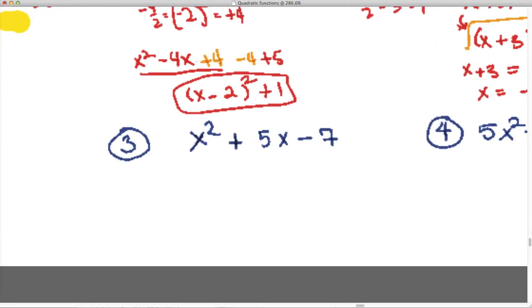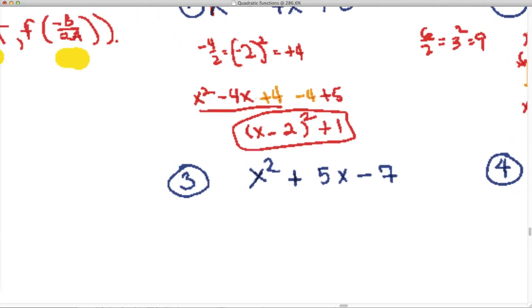All right. So here's another one. In this one, we're going to get a fraction. I know the F word for a lot of you guys. So 5 halves, when you take half of b, squared is 25 over 4.